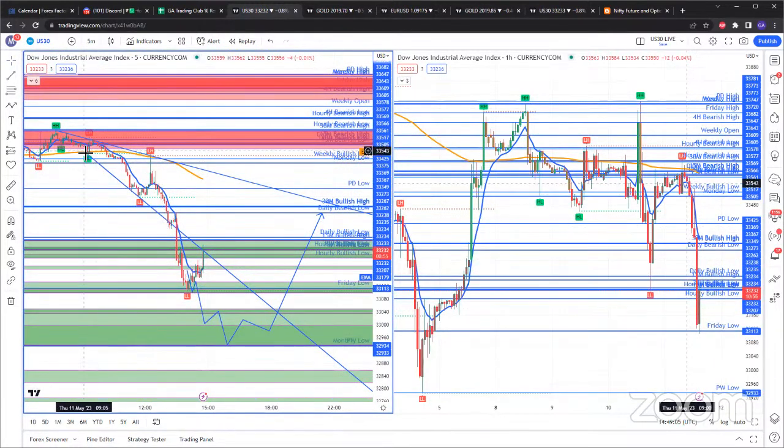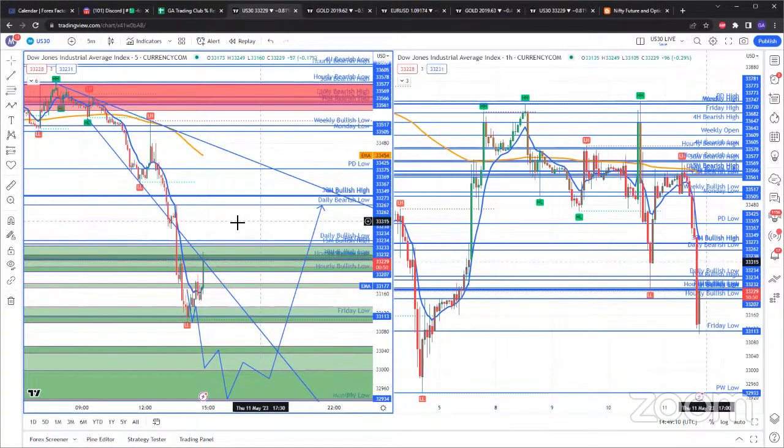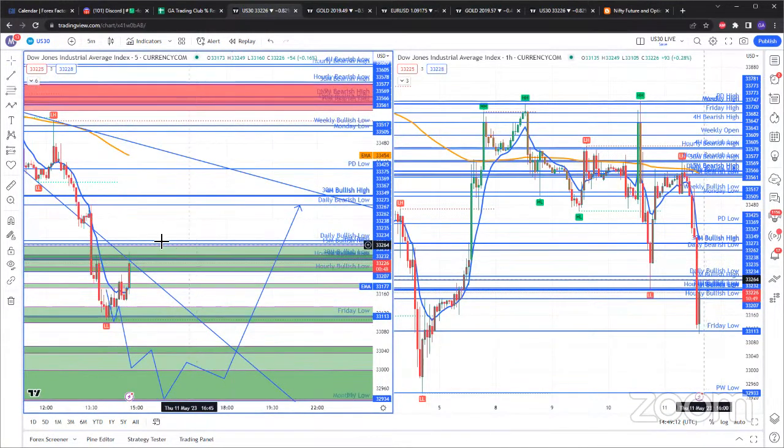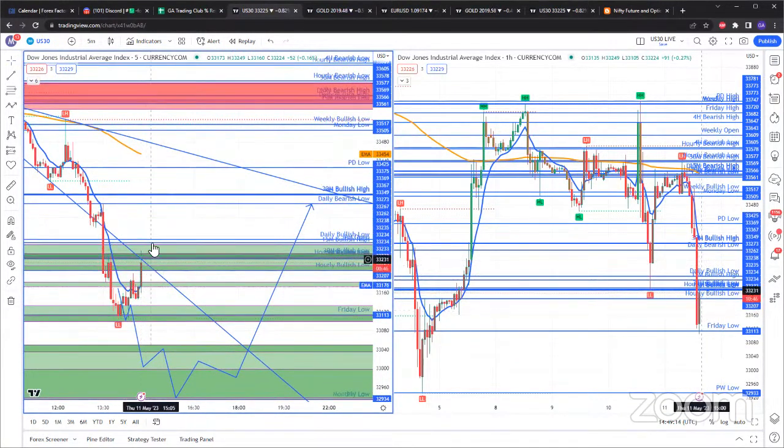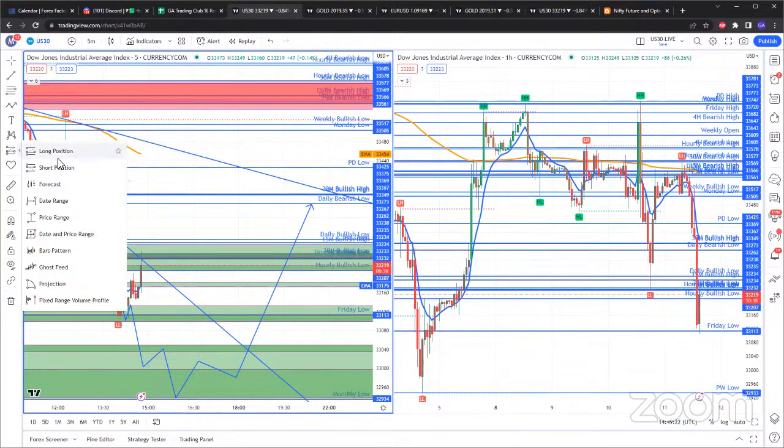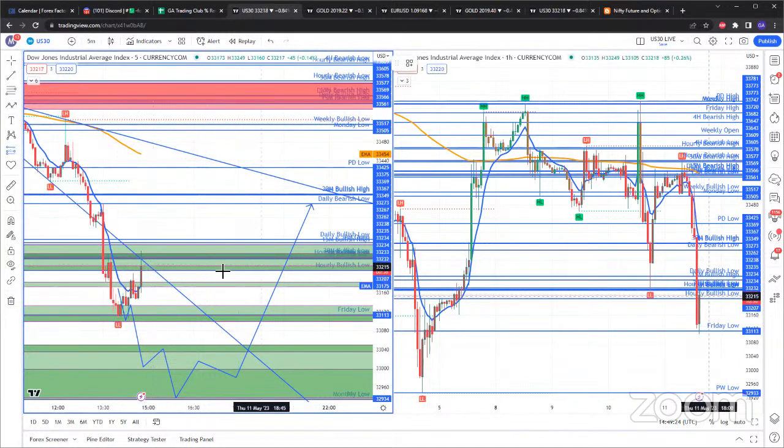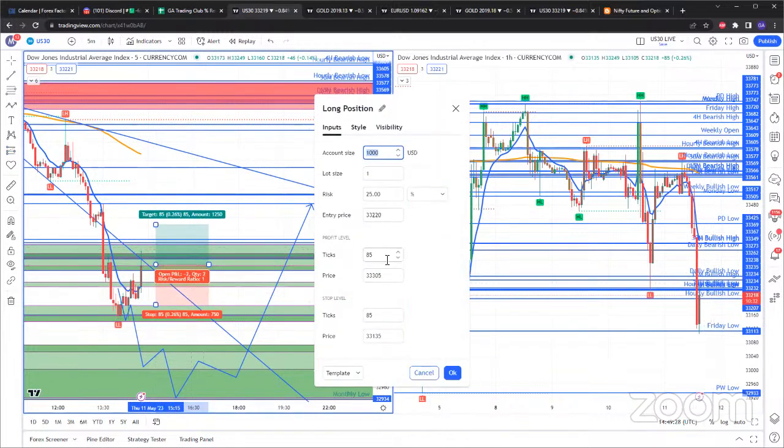This static trend line is from this high low to this lower low, and US 30 is about to close above the hourly bullish low. So as much as we don't have a high low, if we get a closure above this zone, we need the next candle to retest and close above. So this is a buy on US 30 that I can see right here. And we also have the 4-hour bullish low here. So this is the buy for US 30 that's lining up.